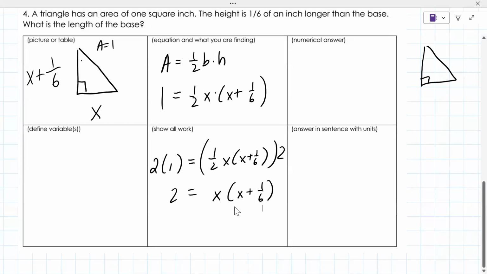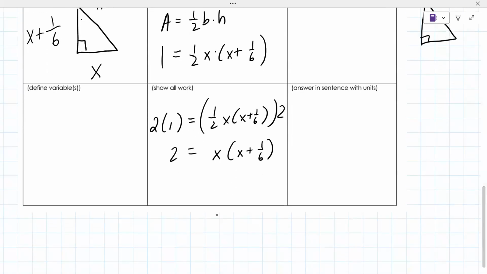Not mandatory, kind of your call on that, but I would consider doing that. That's not standard. Most people would probably just distribute in and then move the 2 over. So let's do it the standard way. So this is x squared plus 1/6 x, and then you would subtract 2 from both sides.